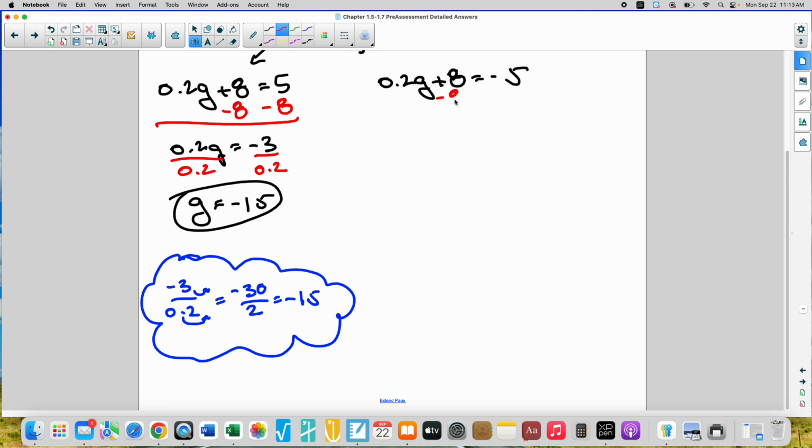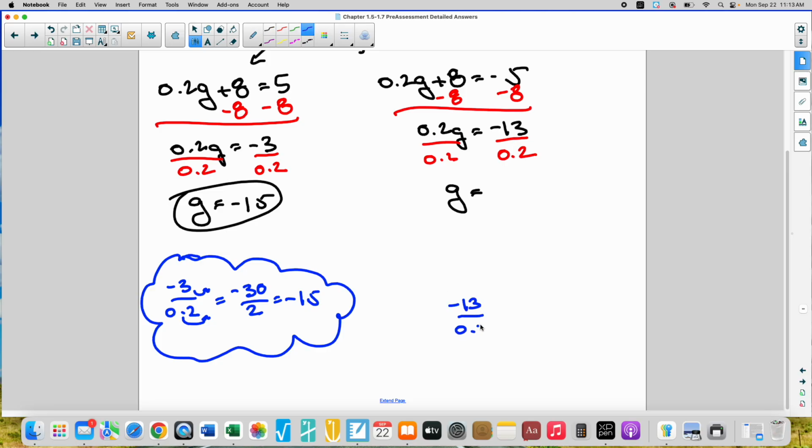We're going to subtract 8, leaves us with 0.2g equals negative 13. We'll divide by 0.2, and g equals, well, now we have 0.2 divided into 13, so that's little scratch work, 13 over 0.2.